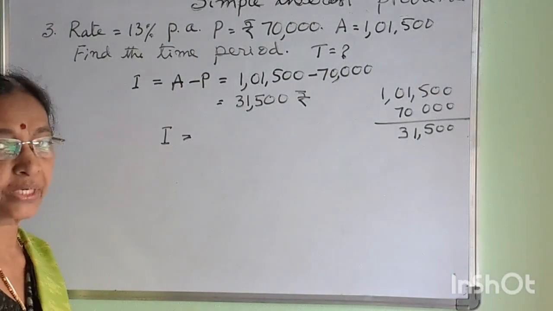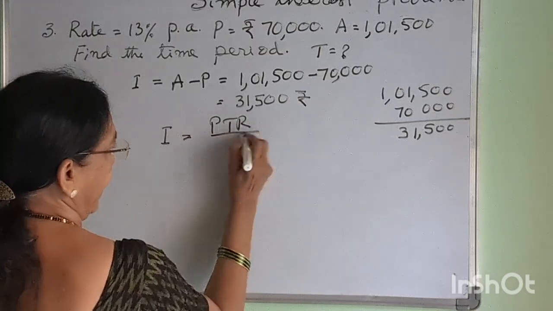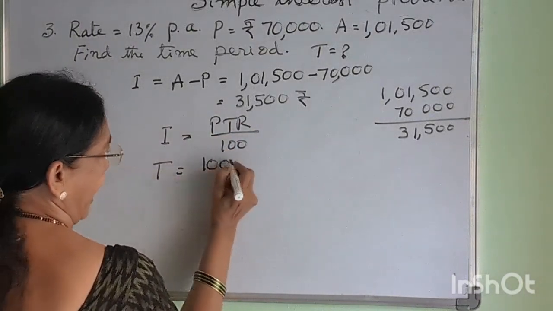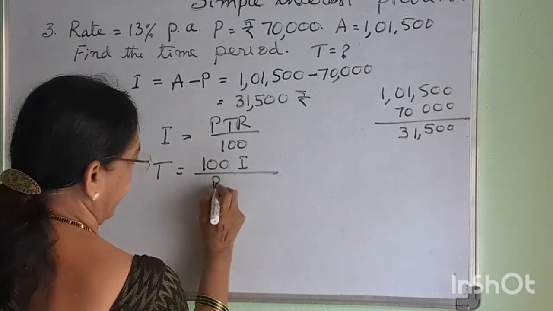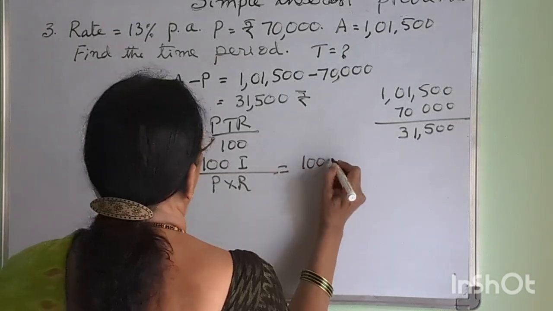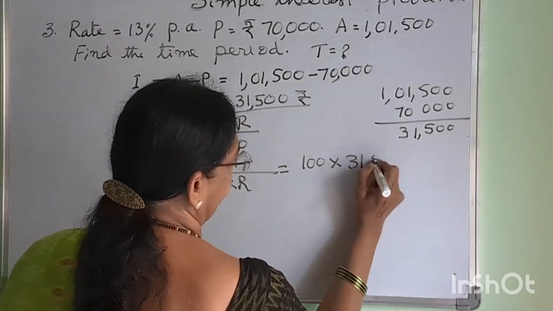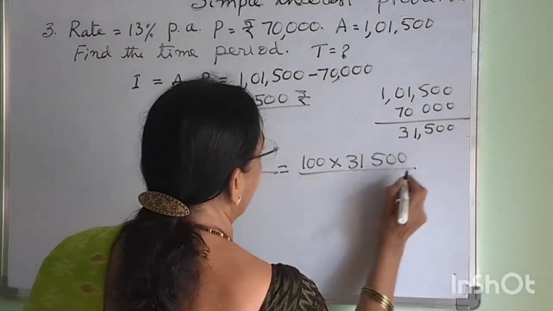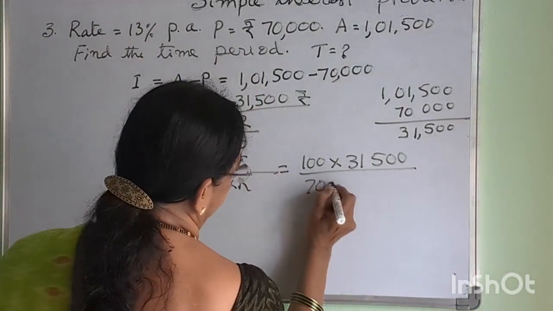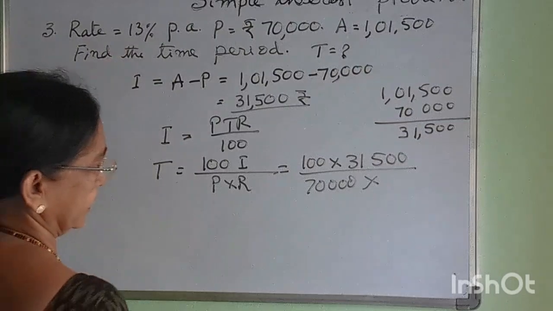To find the time period, we will use the formula I is equal to PTR by 100. Therefore, T is equal to 100 I by PR. That is equal to 100 I, which is 31,500, by P, principal 70,000, into rate of interest 13.